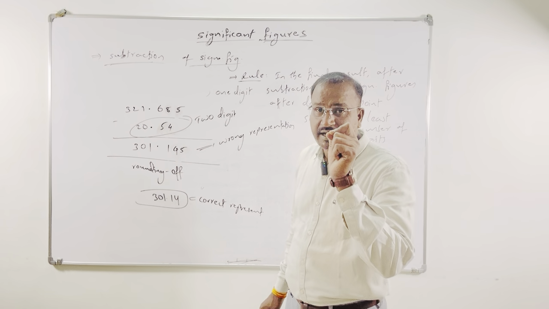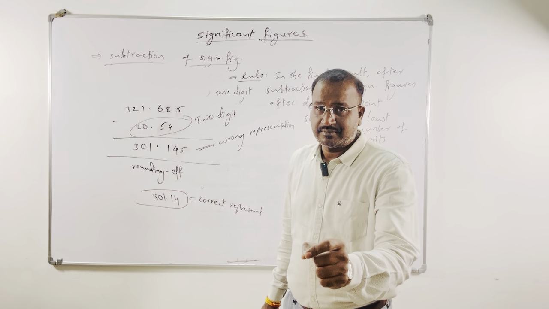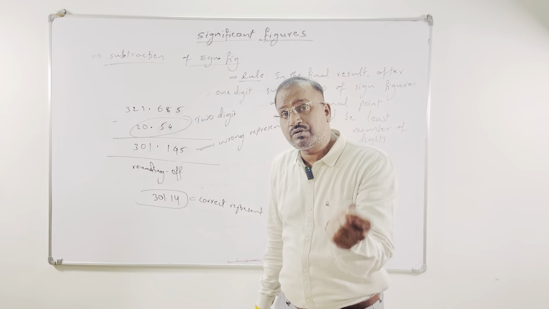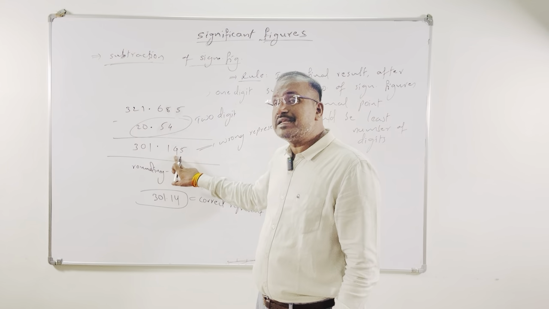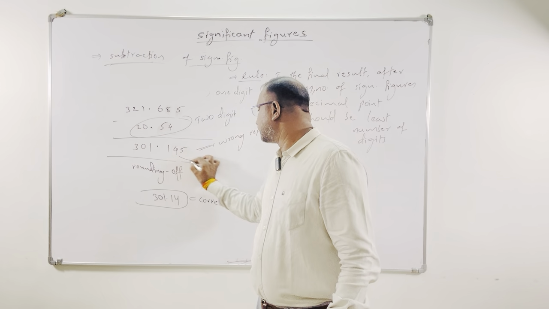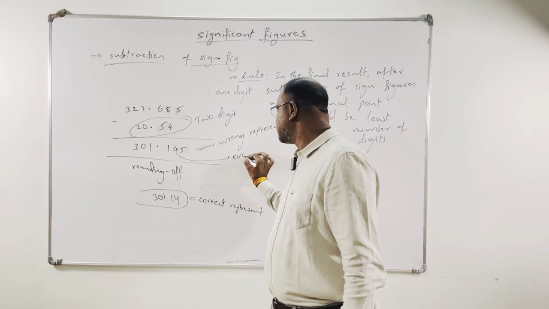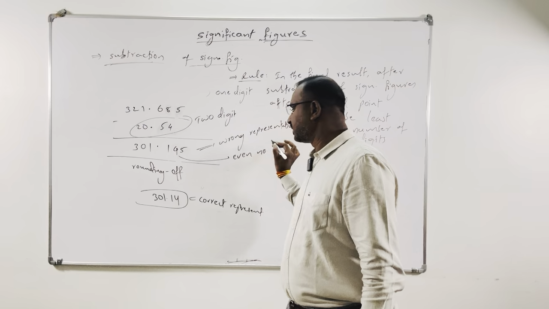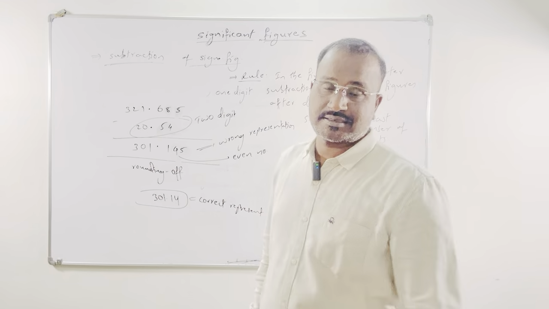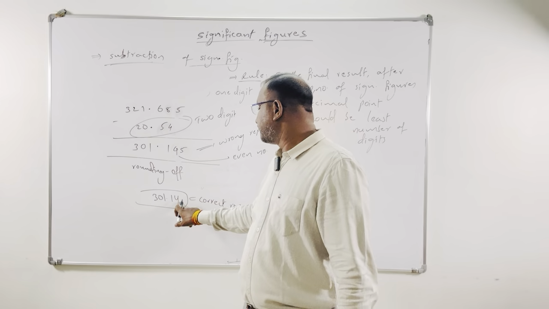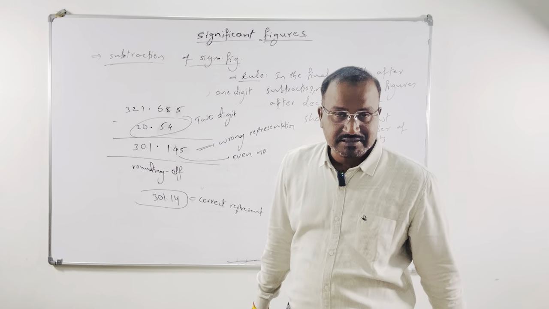Remember, if we want to round off a 5, then if the digit before it is an even number, the number should be as it is. Means it should be 4 as it is.